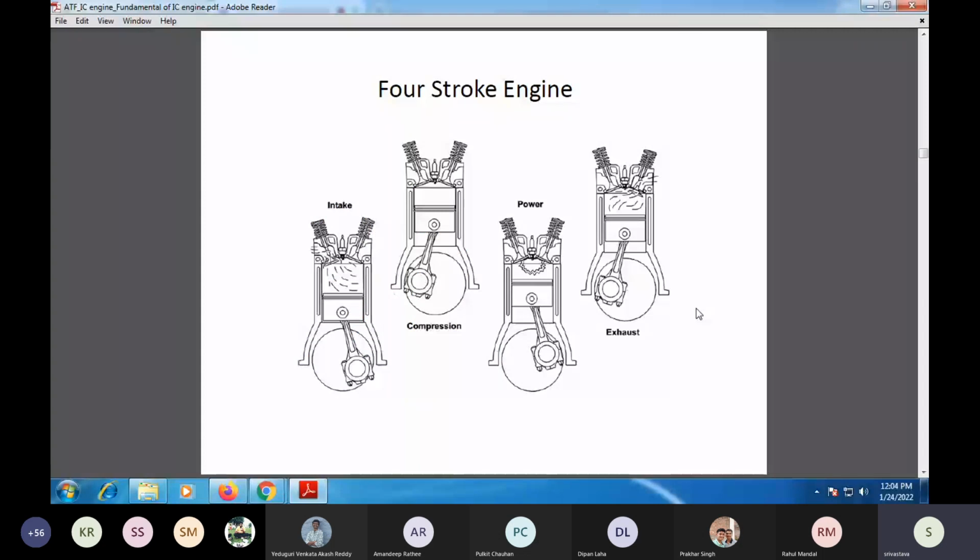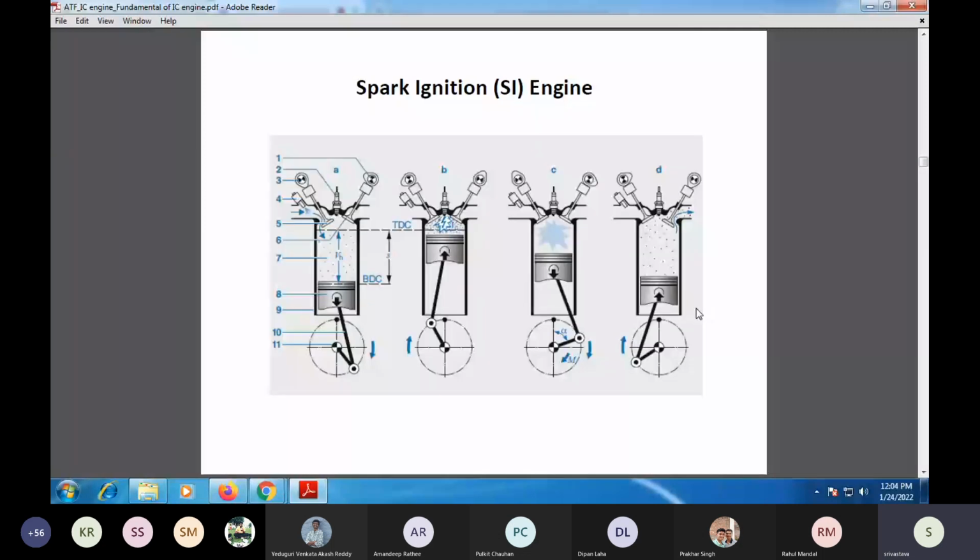And in the four-stroke engine, we discussed how the spark ignition four-stroke engine works. We discussed it in detail, and there are some questions that we kept for the time being, because we will address those problems, particularly the valve timing diagram, once this introduction part is over.